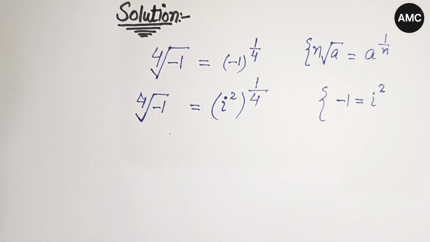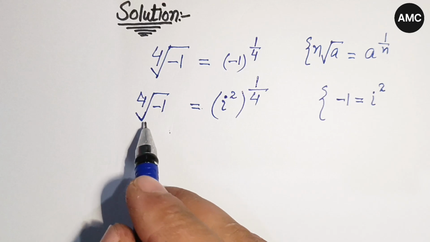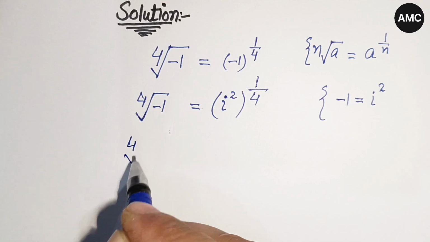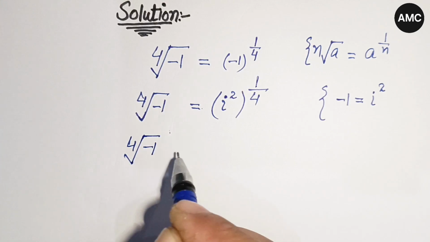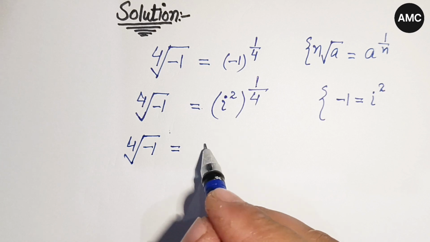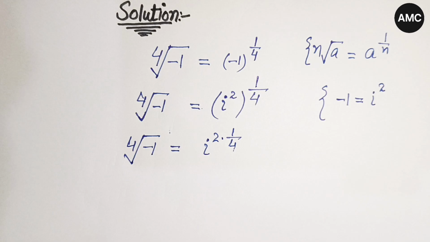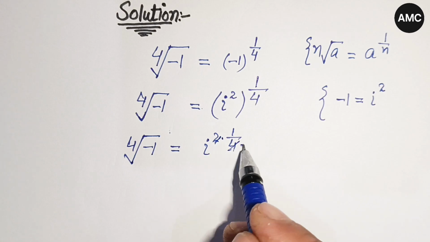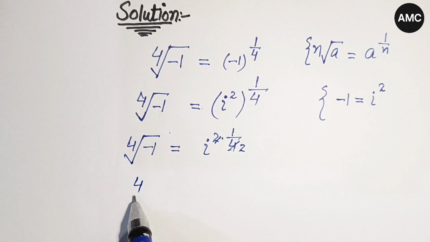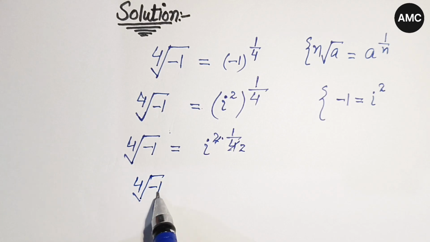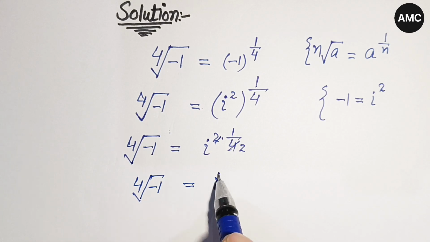Now our next step: the fourth root of minus 1 is equal to iota to the power 2 times 1 over 4. So cancelling, 2 1s are 2, 2 2s are 4. Then we get the fourth root of minus 1 is equal to iota to the power 1 over 2.